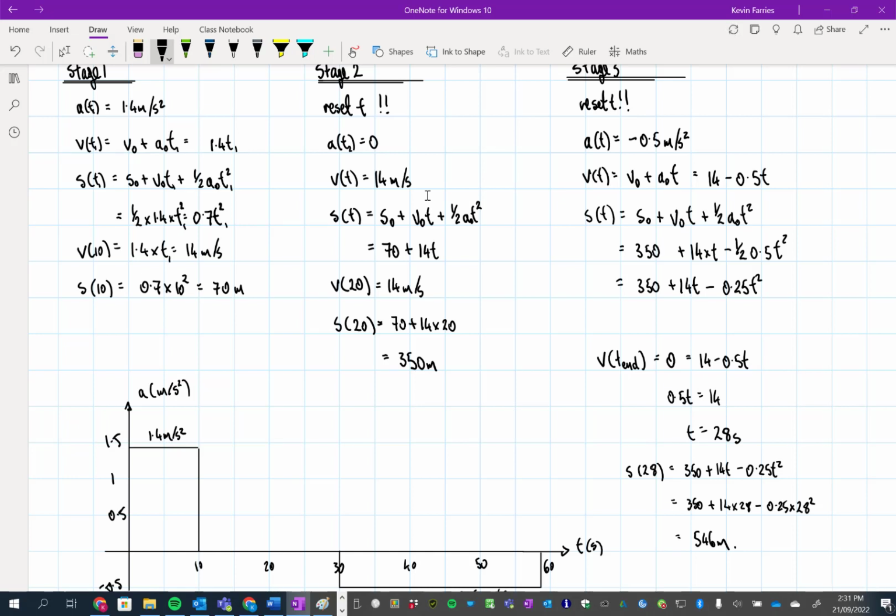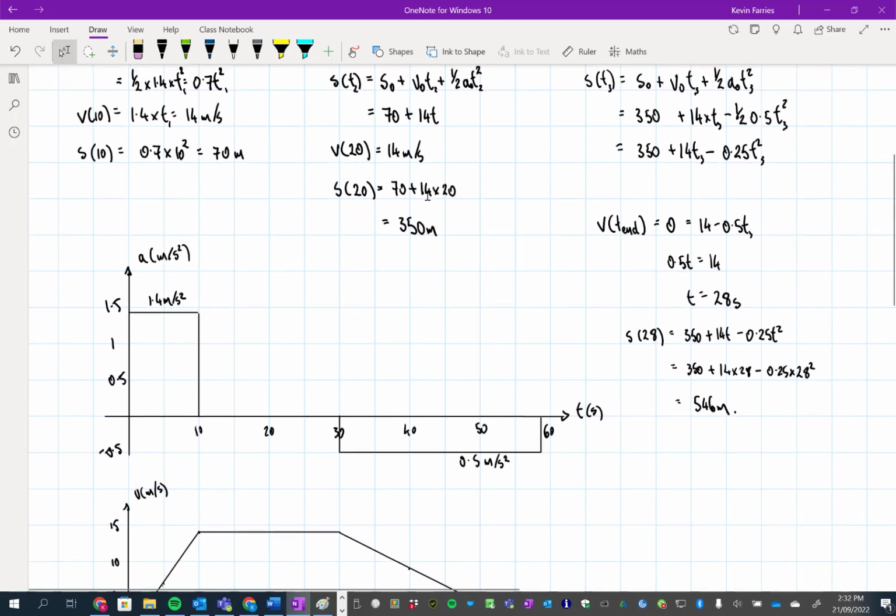And this would be T2 because we've reset that time. So it's a different time. It's starting from the start of this stage. And this might be T3. I'm just filling in T3 for all of those. And that kind of makes a little bit more sense. So probably better if we do it that way.